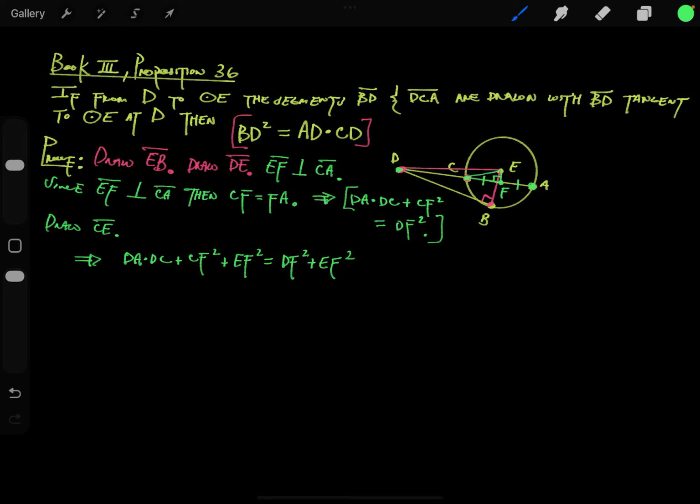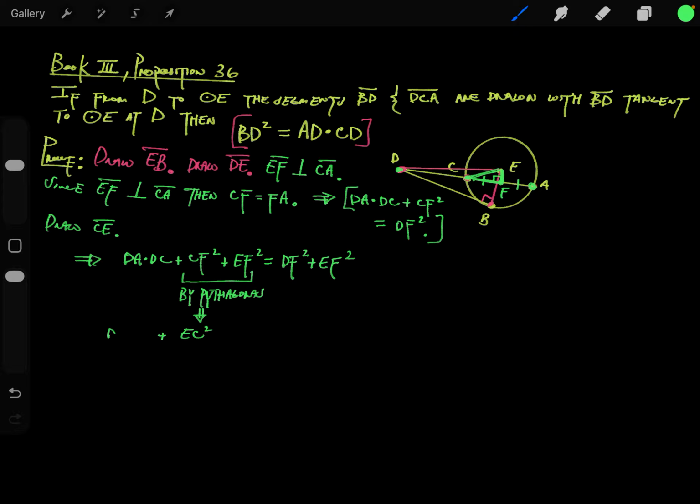And now we have a nice result, because now CF is this length plus EF is this length must equal CE squared by the Pythagorean theorem. So by Pythagoras, this is equal to CE squared, or EC squared.